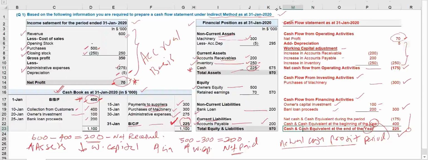Then we just added these three activities and arrived at the net cash and cash equivalent during the period. To that amount, we added the cash and cash equivalent at the beginning of the period. Then we derived the closing balance, which is the cash and cash equivalent at the end of the period.